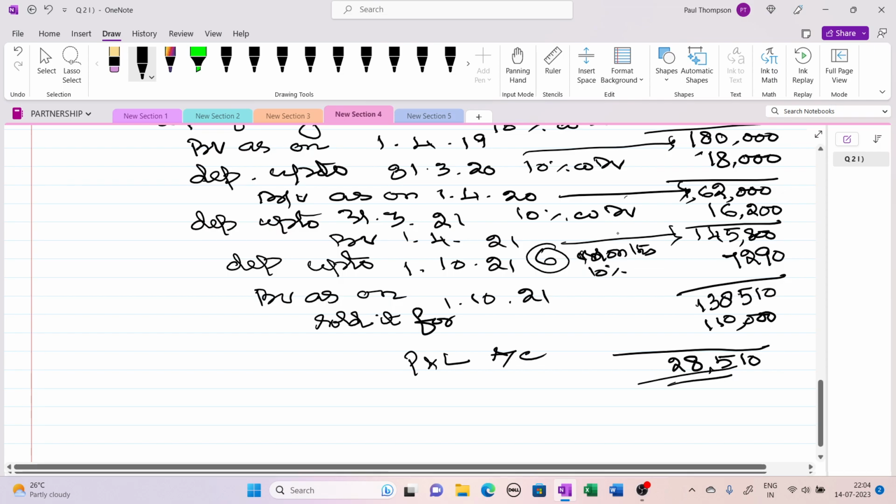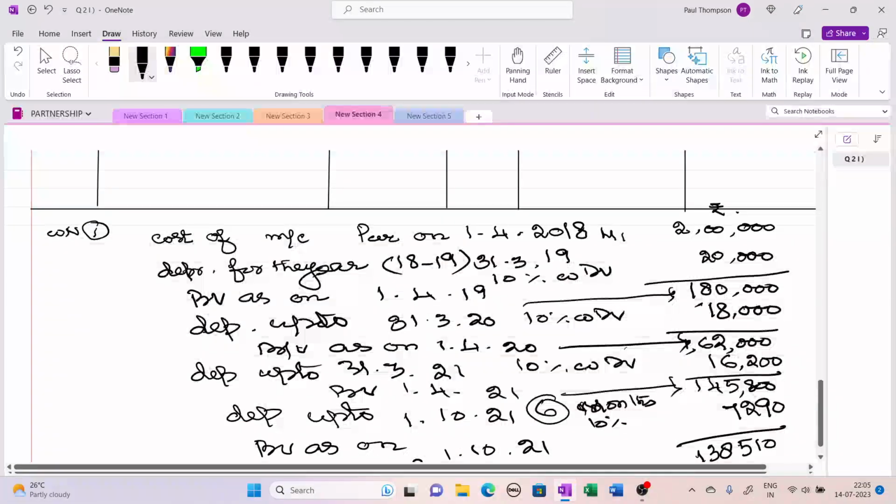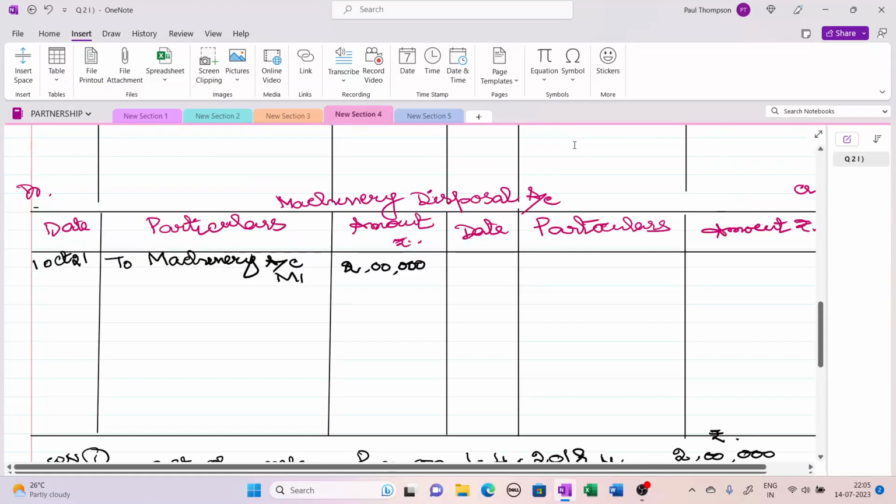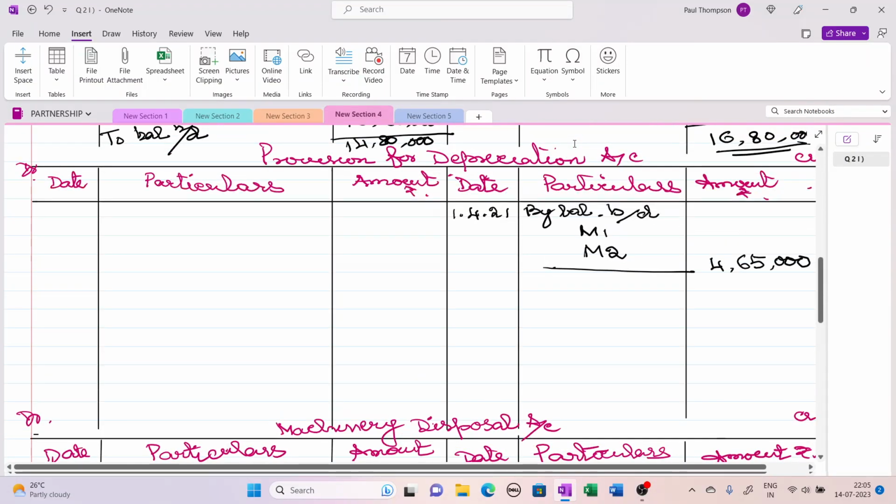Now see here, up to this date 1/4/21, we have charged depreciation on this machine: 20,000, 18,000 and 16,200. So the total depreciation up to 1/4/21 comes to 54,200.